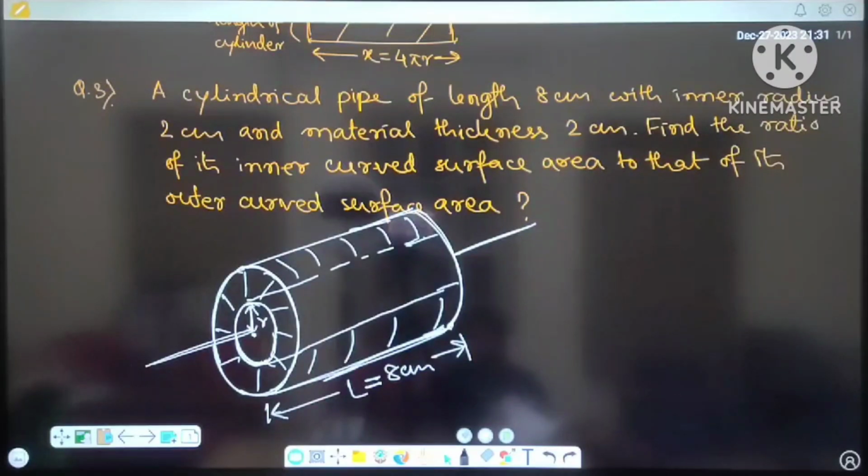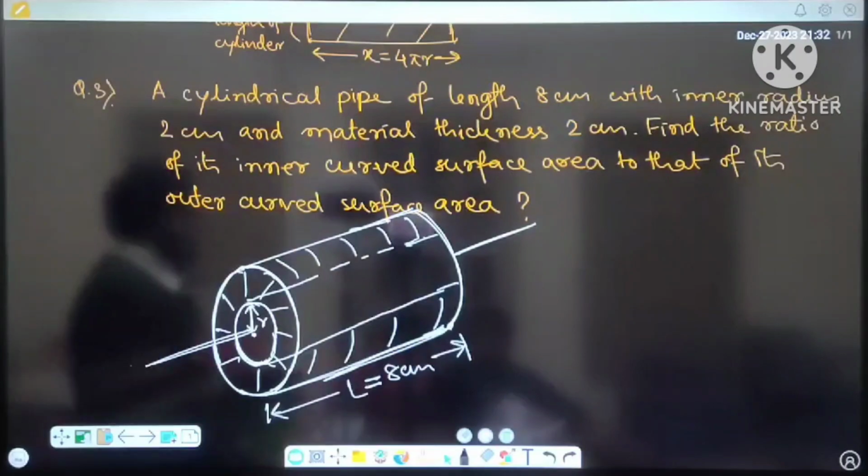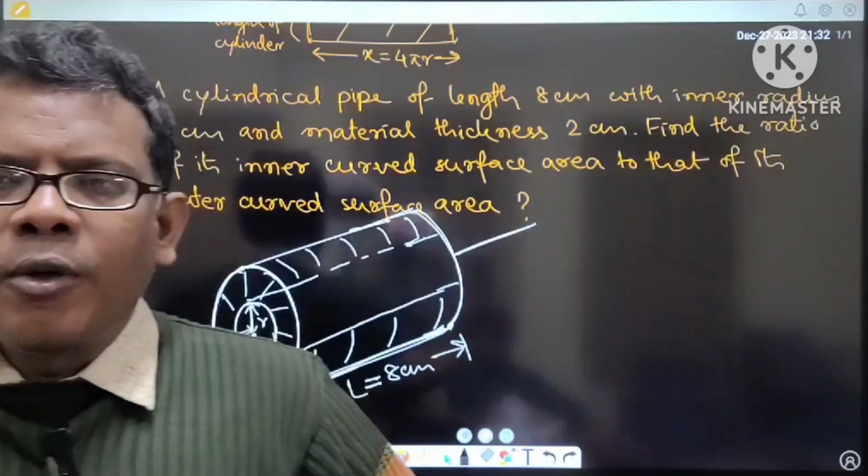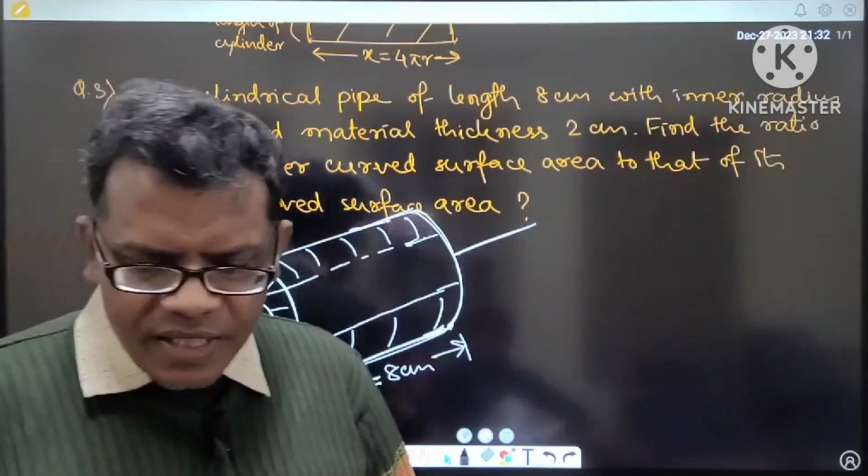Will it make any effective role in finding ratio? First of all, can you tell me the formula of curved surface area of a cylinder? What is the formula of curved surface area of a cylinder?